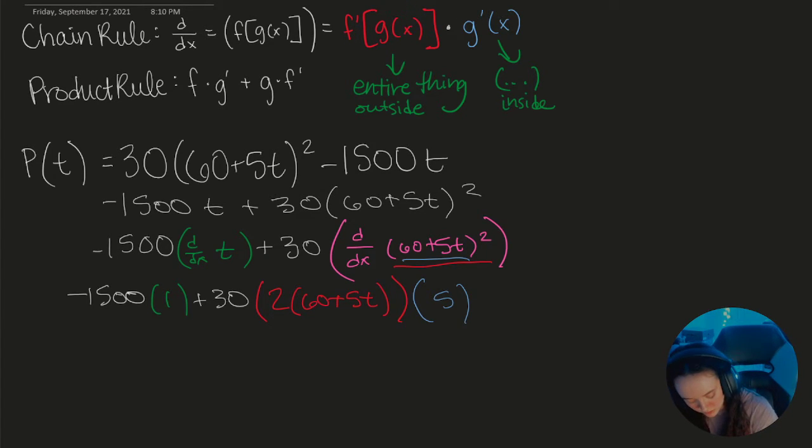So we're going to multiply that out. Now in this case, our 30, our 2, and our 5 can all be multiplied. So you can just do that in your calculator. 30 times 2 and then times 5. So that would give us 300 times the inside.